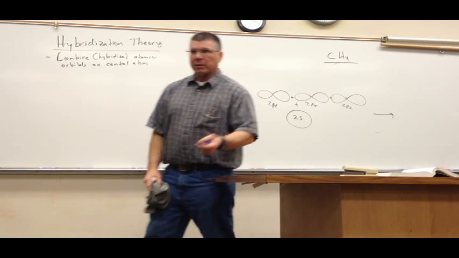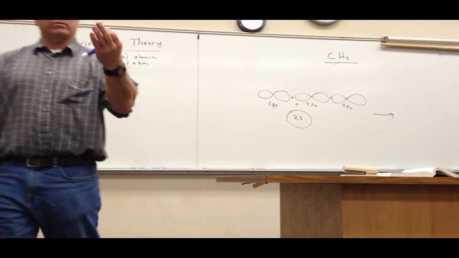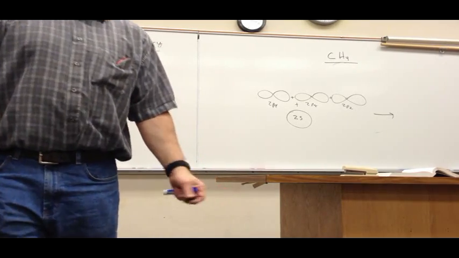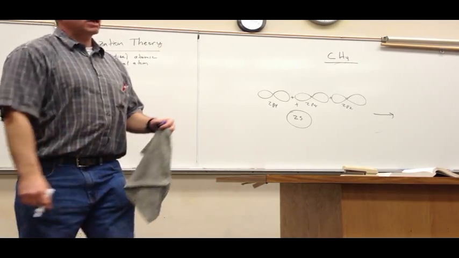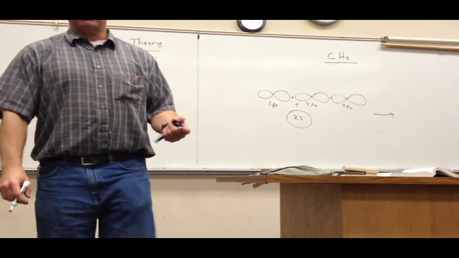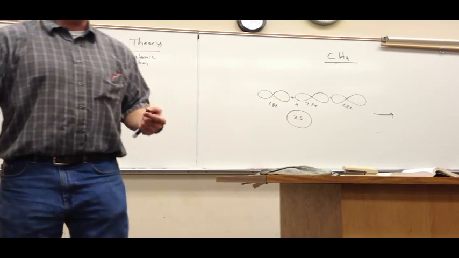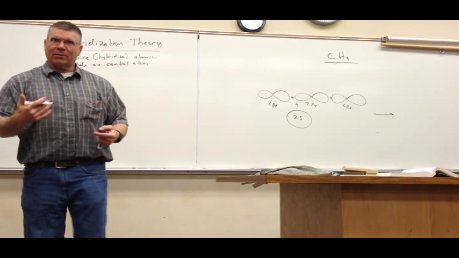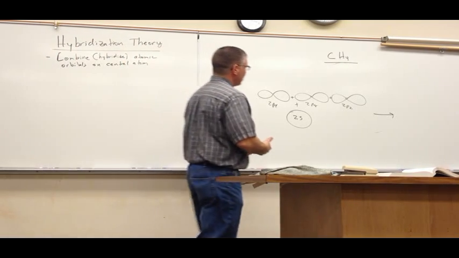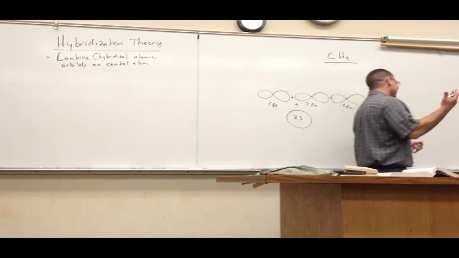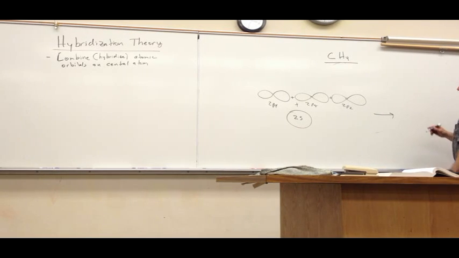We combine them together, we get what we call hybrid orbitals. Hybrid orbitals are kind of like mules, right? Donkey and a horse. Right? It's not a donkey and it's not a horse, it's a mule, right? It's a hybrid. So we get 4.